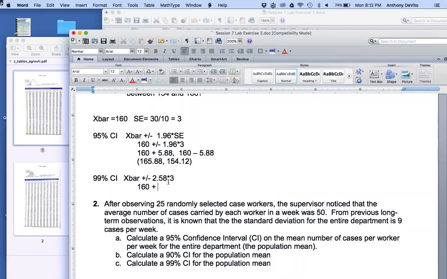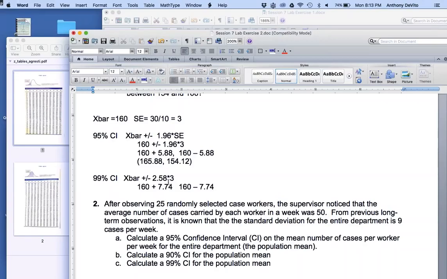It's going to be 7.74. Okay, and it's going to be 160 minus the same amount. Since I'm adding 7.74 and subtracting 7.74 from 160 to get that range, that's my confidence interval.